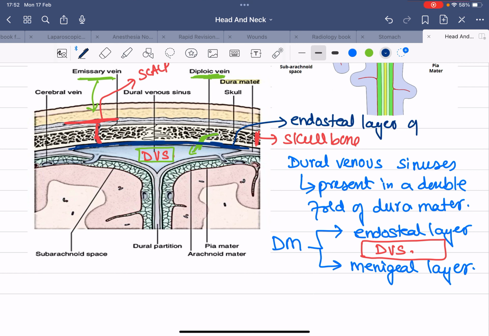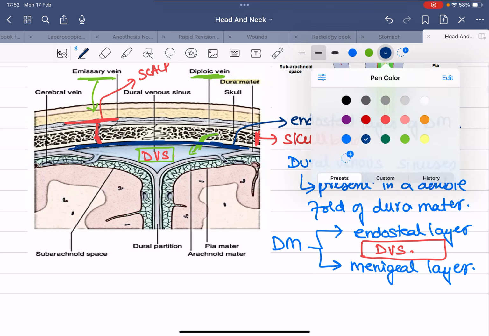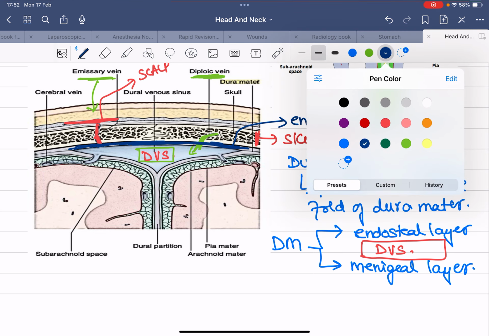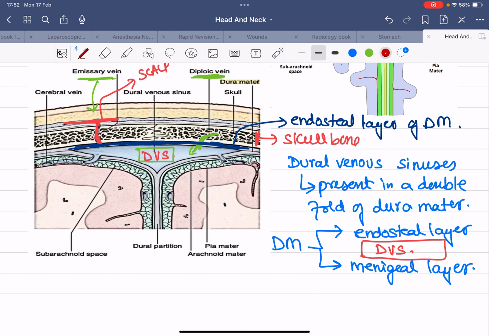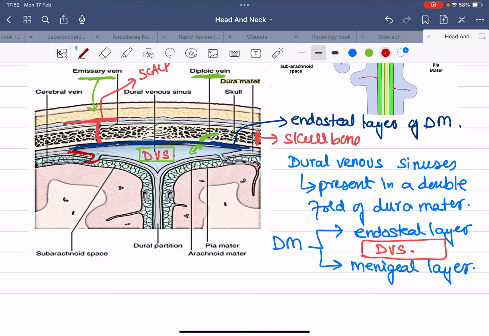And then this other layer, which is near to the meningeal layer, is the meningeal layer of the dura mater. Now a space is present there. This space is known as sinuses, and the blood which is here is the venous blood, so it is known as dural venous sinuses.